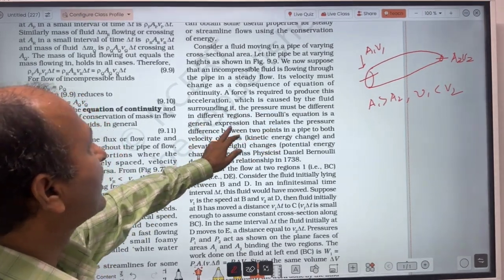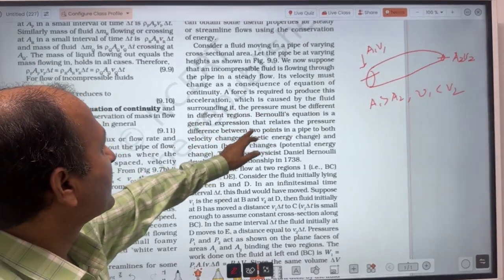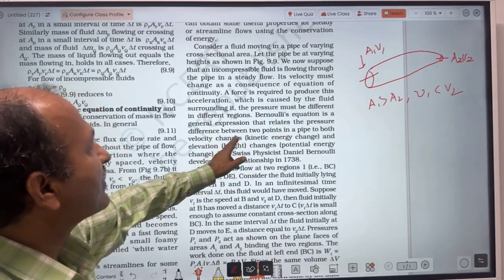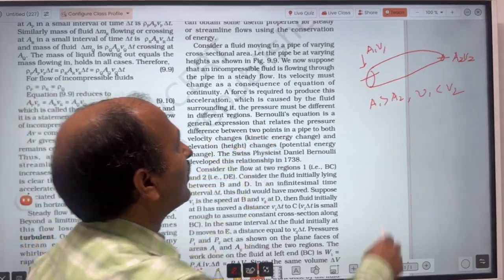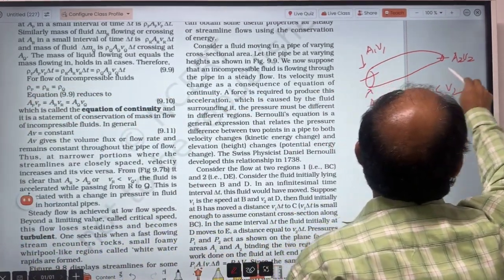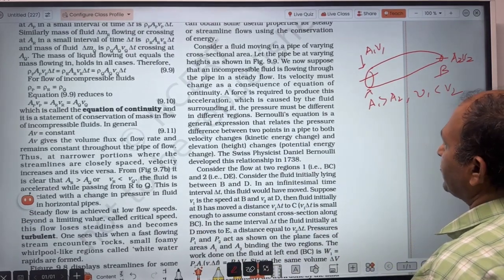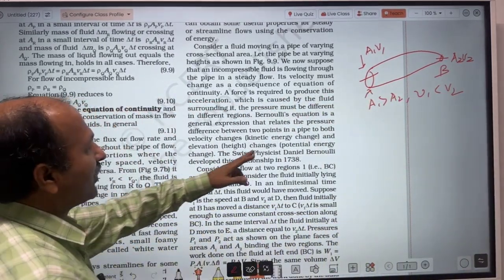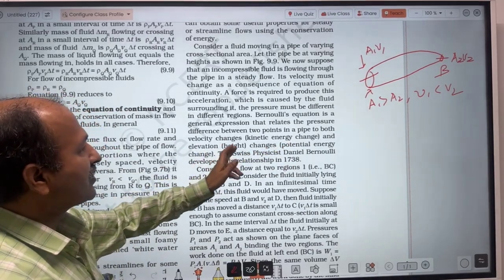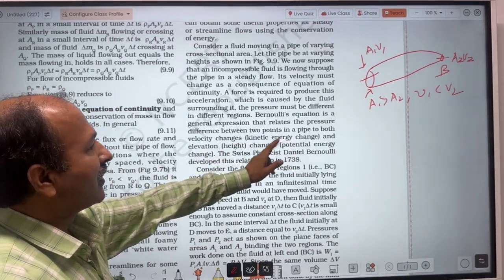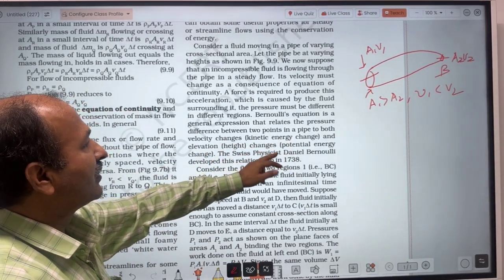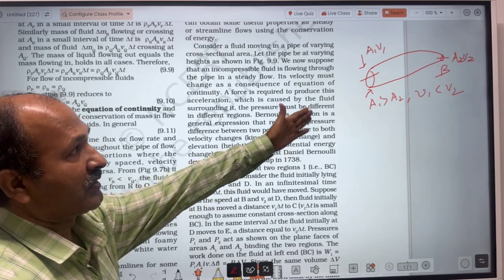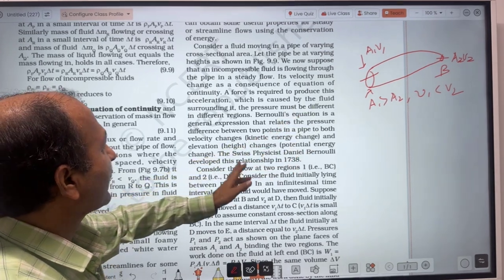Bernoulli's equation is a general expression that relates the pressure difference between two points. Suppose these are points A and B; there must be a pressure difference as we have seen, and between the two points in the pipe the velocity changes, so kinetic energy will change, and potential energy is based on height, which will also change.